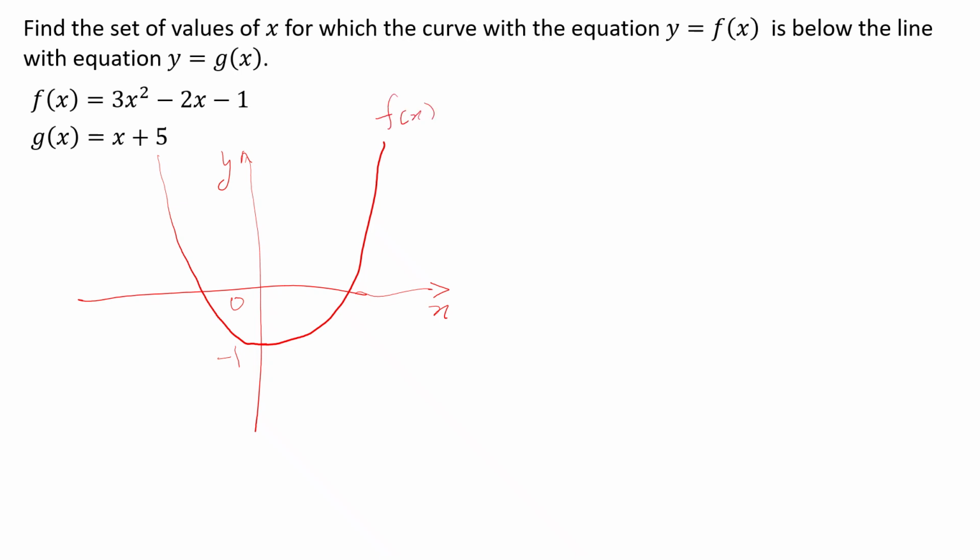Now g(x) is a straight line. So y-intercept, when x equals 0, y-intercept is positive 5. Then the gradient is 1. So this is like this.